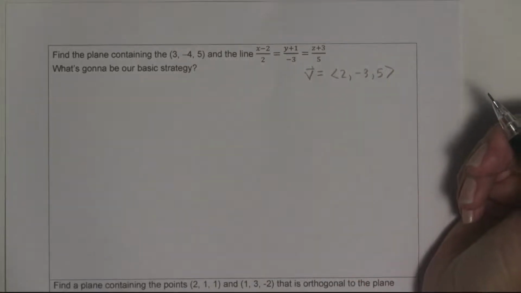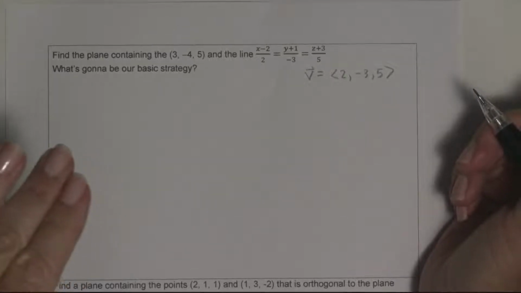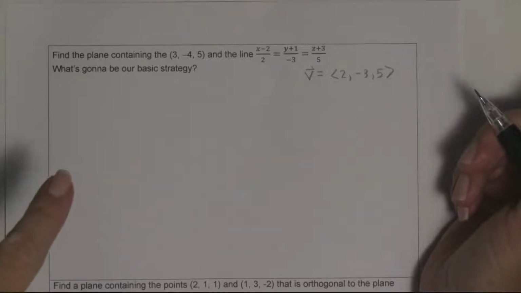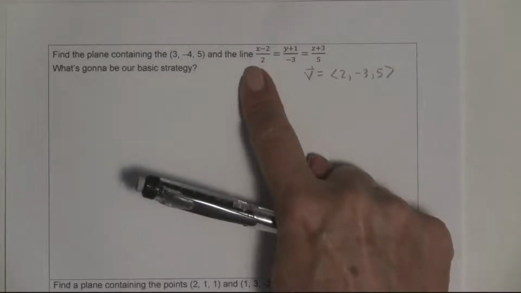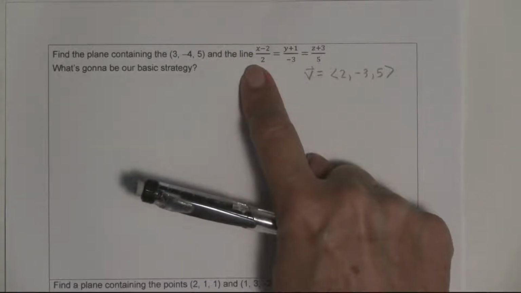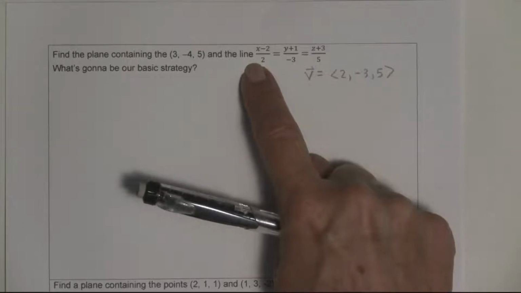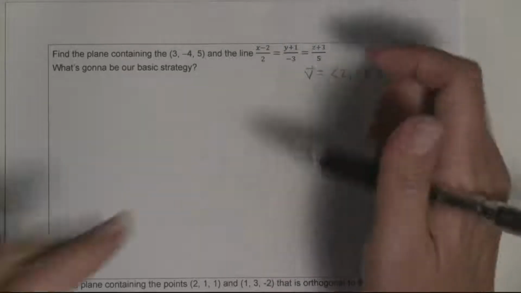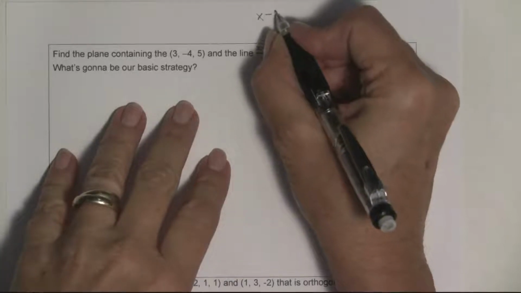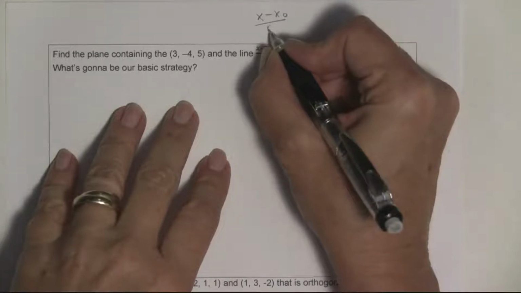And then I want to find a point on this line. So any point on this line. And I don't know if you guys remember, but the form here was x minus x naught over a, right?